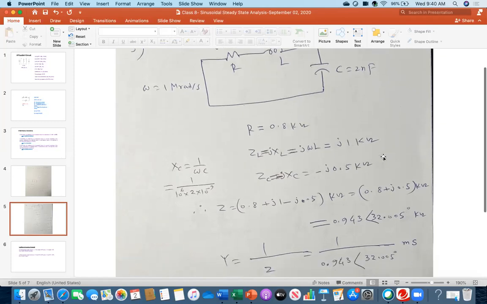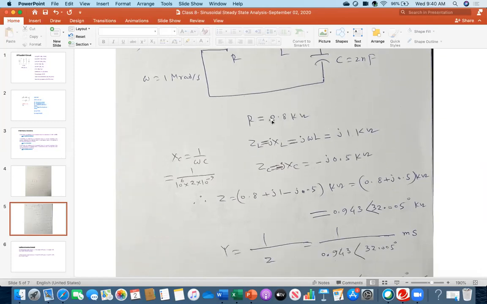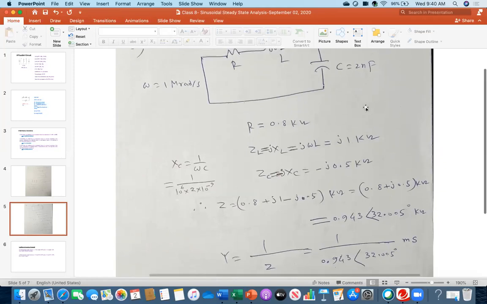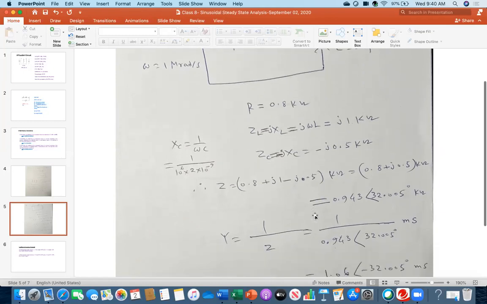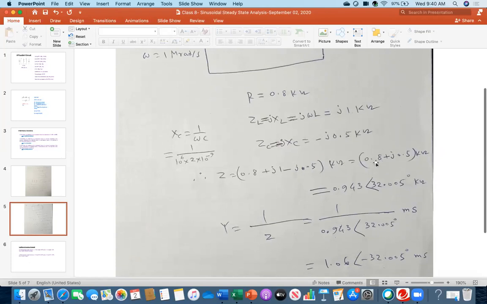Once I did that, I just need to sum up these three, the impedance or reactance of all three components. So Z is this value plus this value plus this value, in terms of minus. And from there, I am getting 0.8 plus j 0.5 kilo ohm.